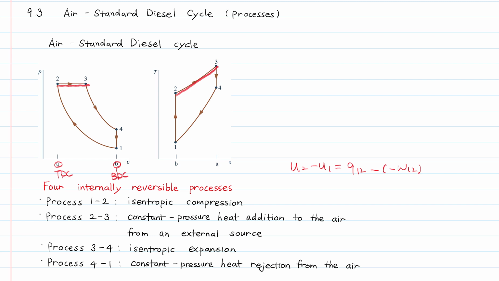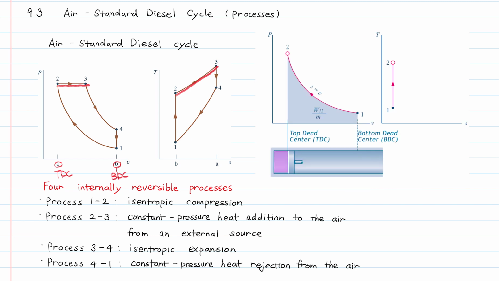We know that there is no heat transfer during the process. It is an adiabatic process. So the energy balance reduces to W12 over m is u2 minus u1. The work done on air is the specific energy difference between state 2 and 1.